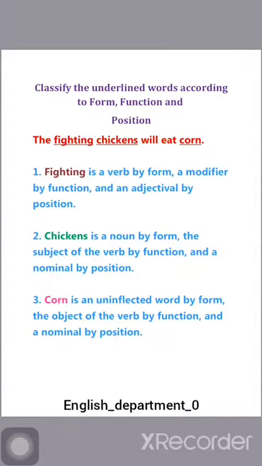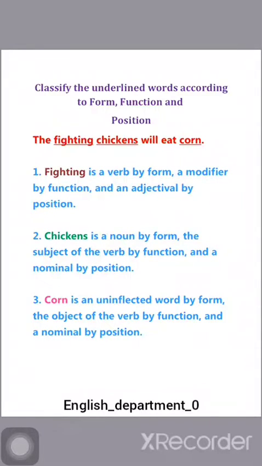So by function it is the subject of the verb. Okay, we said this earlier that as far as nominal position is concerned, once I see it as the subject of the verb, direct object, indirect object, you remember this? Subjective complement, objective complement. These are as far as nominal position is concerned.